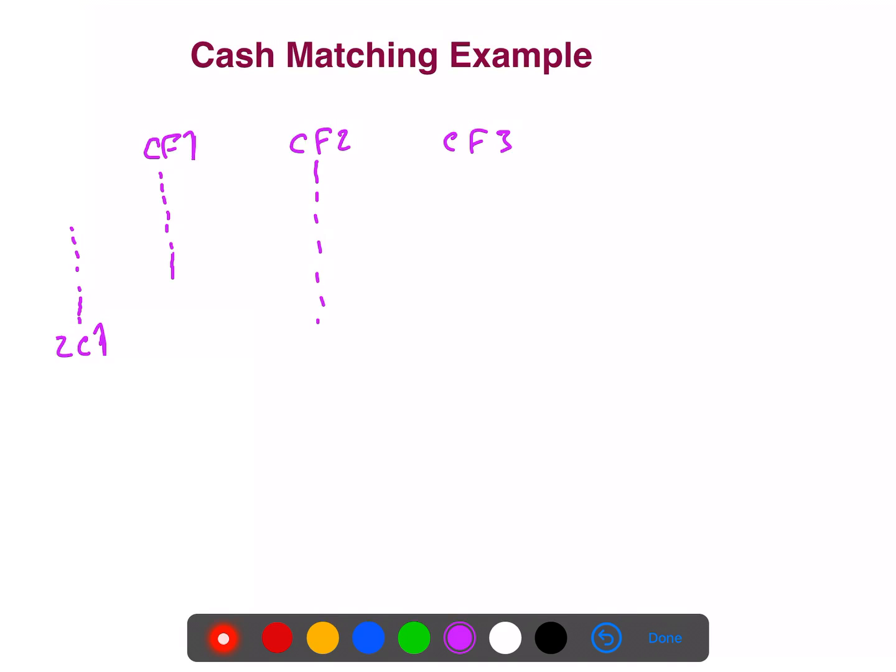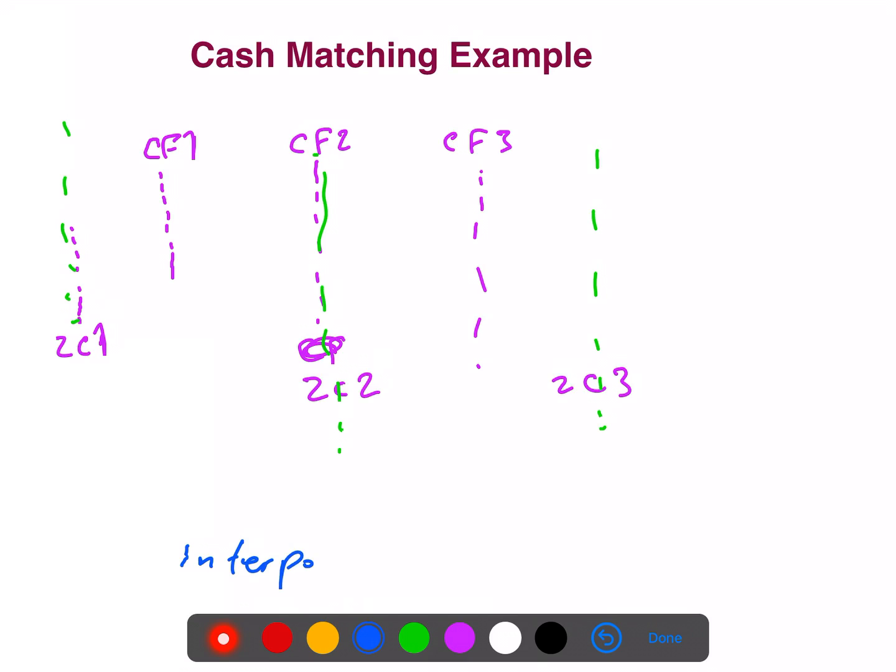For example, these have different dates, but some of them may match. So zero coupon 2, here it could be zero coupon 3, which is like this one. As you see, some of them really match with the cash flow, but some of them do not match. So this is the problem, that we try to match as much as possible, but if we cannot do that, then we should do some kind of interpolation.